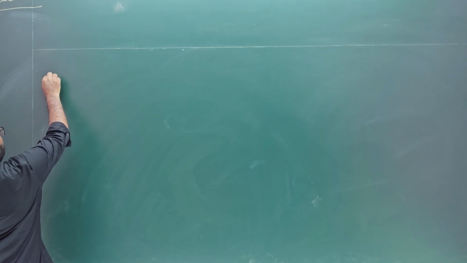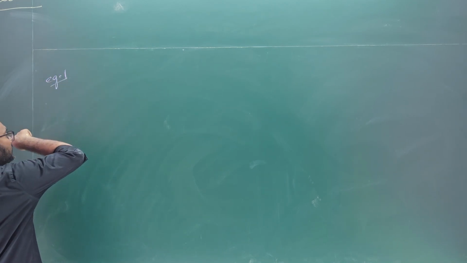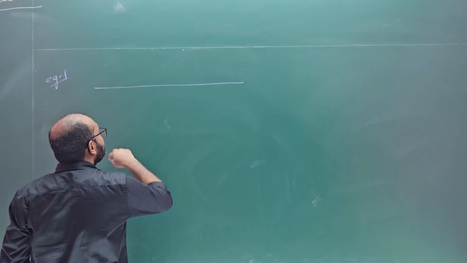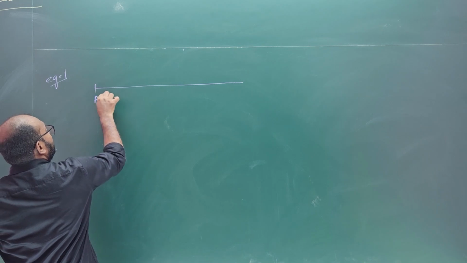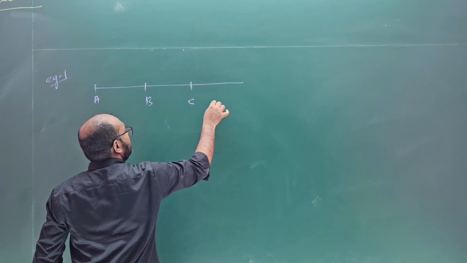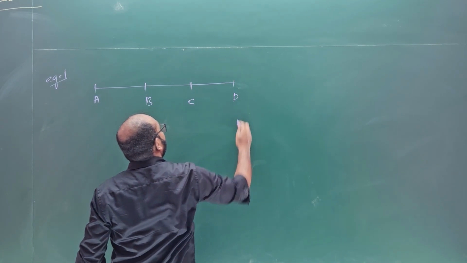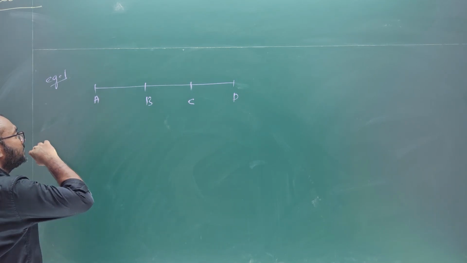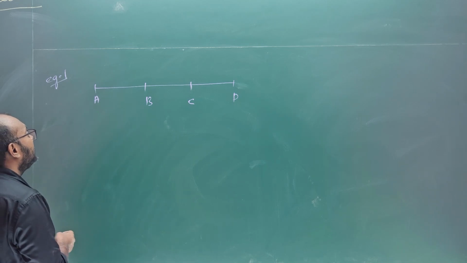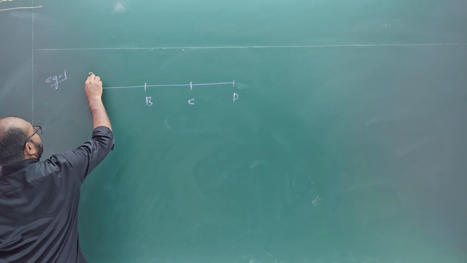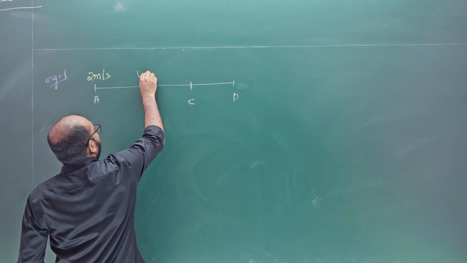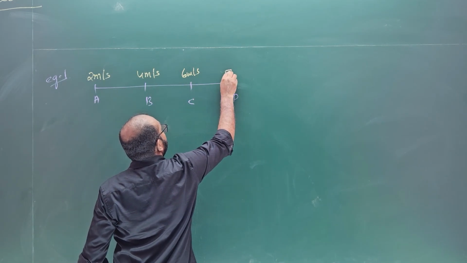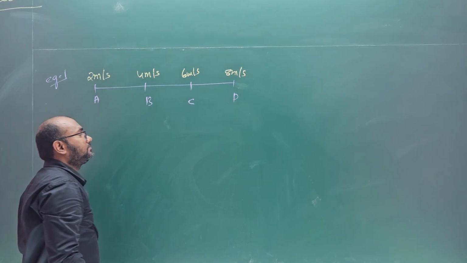Okay, now example number 1. A, this is B, this is C, this is D. At this point let the velocity be 2 meter per second, at this point velocity is 4 meter per second, at this point 6 meter per second, at this point 8 meter per second.